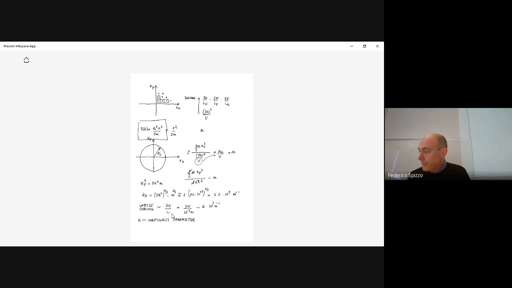And before making any calculation, I just want to introduce a parameter that I will use also the next days. And I think you have already used that. In this picture, what is the level density?